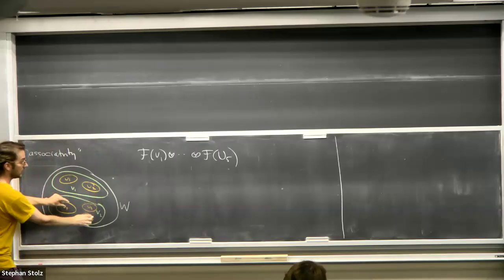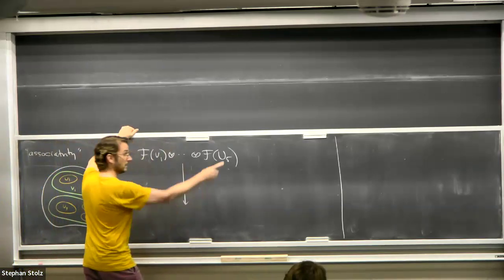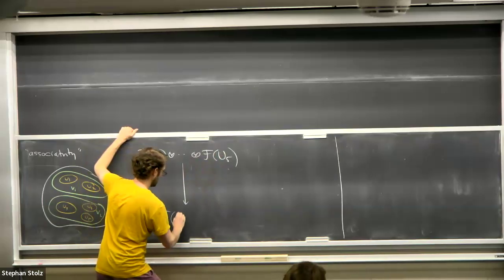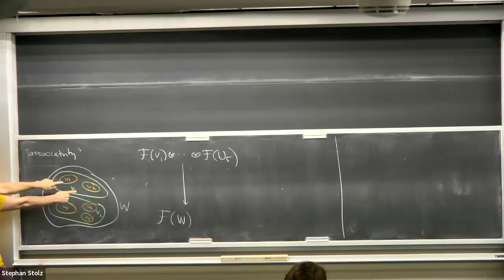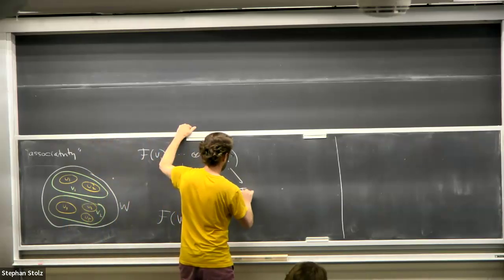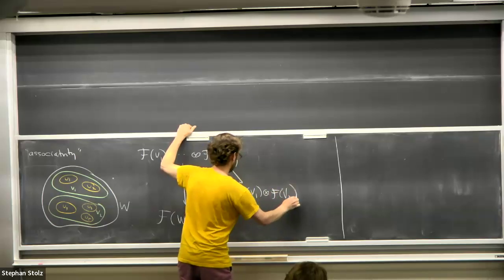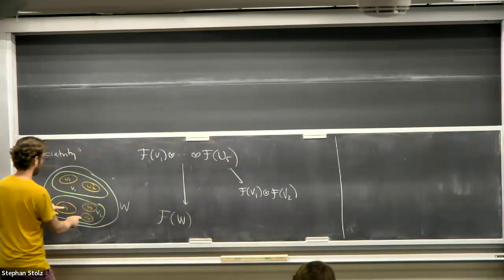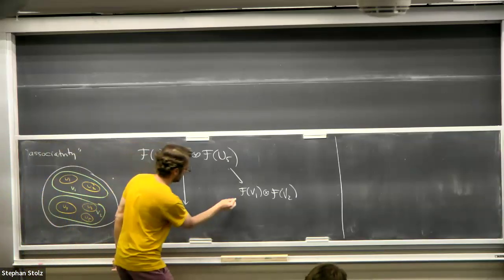So these U's sit inside of W, and there's a map, thanks to my axiom, to F of W. But there's also a map from F of U1 tensor F of U2 to F of V1, and a map from F of U3 tensor F of U4 tensor F of U5 to F of V2.